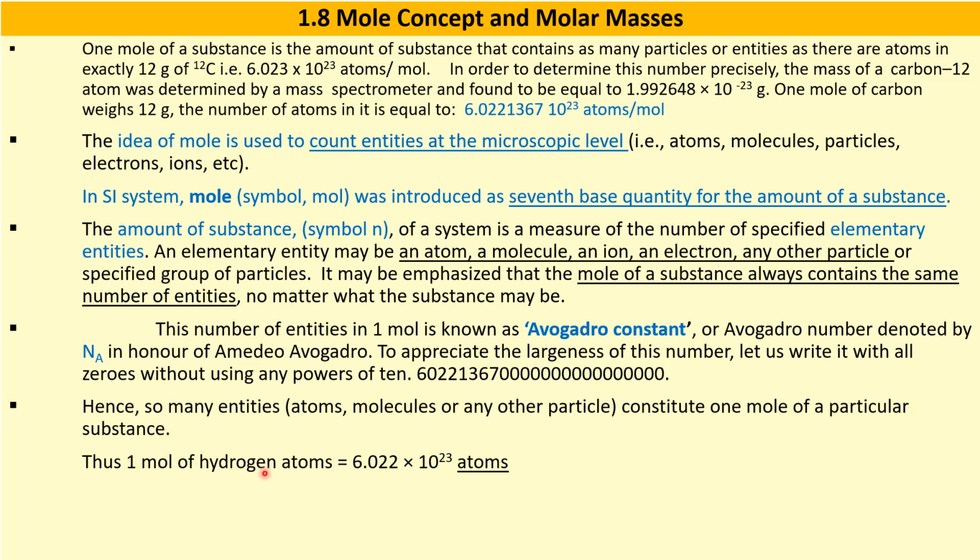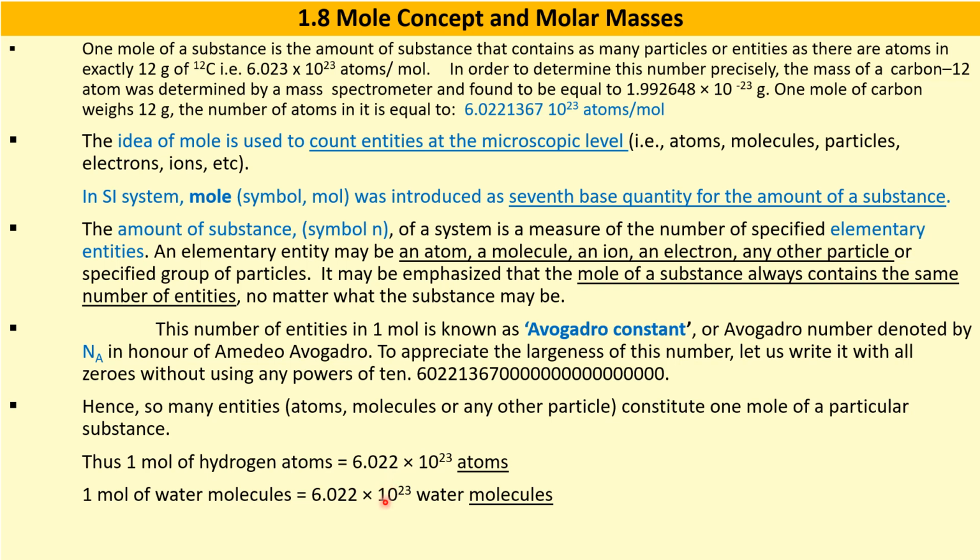Thus, in the case of hydrogen, 1 mole is equal to 6.022 × 10^23 atoms. Here, underline that for hydrogen it is written in atoms. Similarly, if you want to measure the number of molecules in 1 mole of water, it is 6.022 × 10^23.